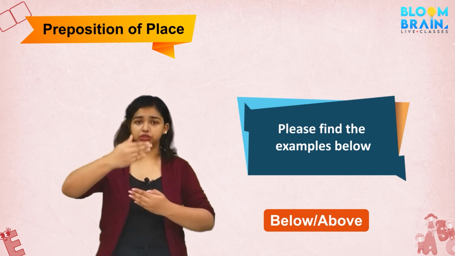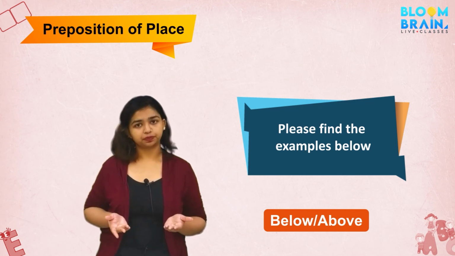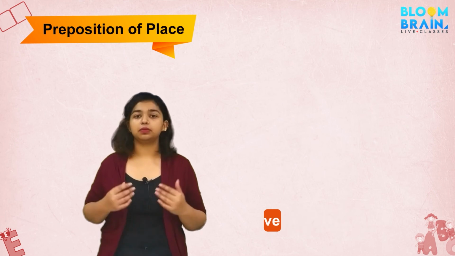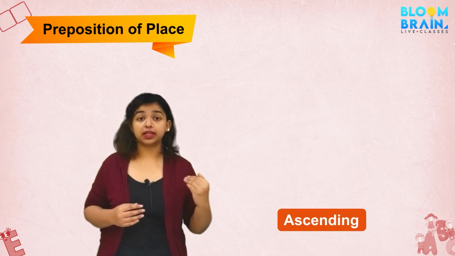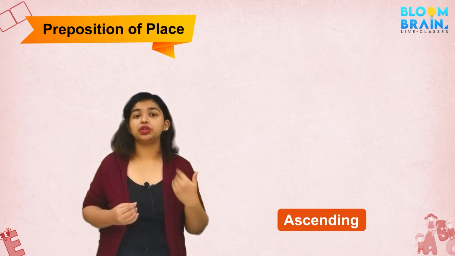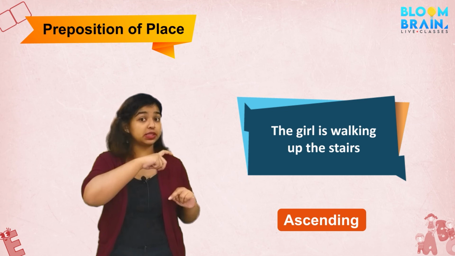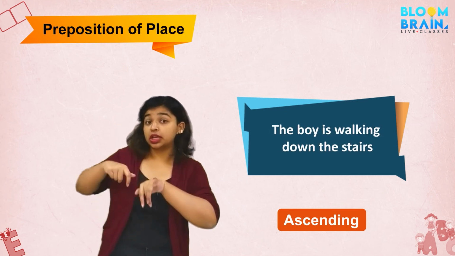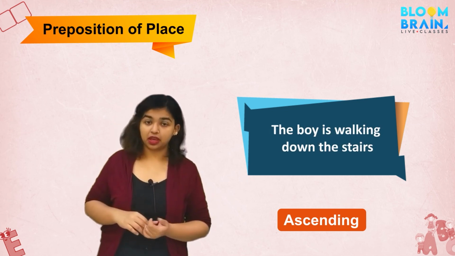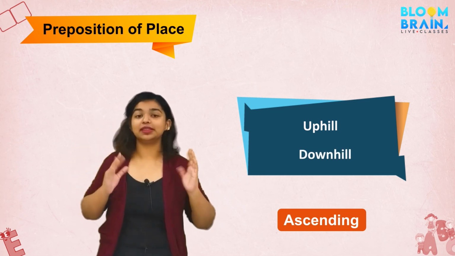For a higher position we are going to use above. And when we have to show an ascending movement, then we are going to say up. So the girl is walking up the stairs, the boy is walking down the stairs. Uphill, downhill, right? So in that sense.